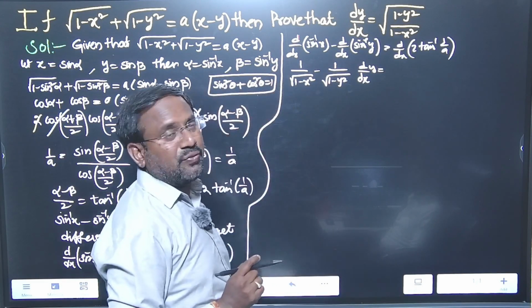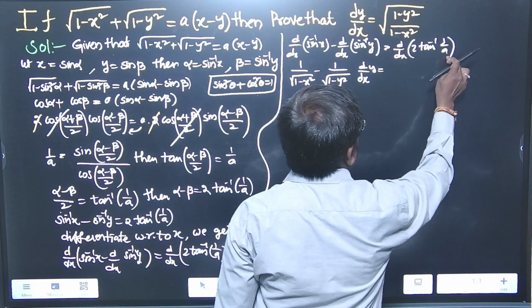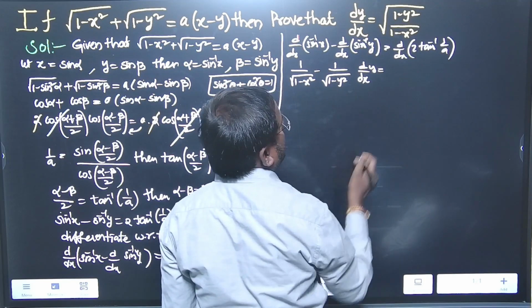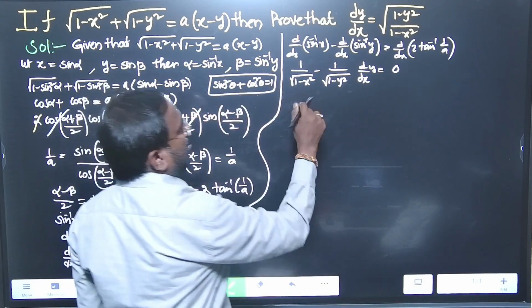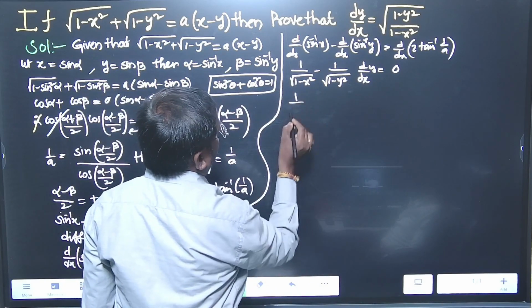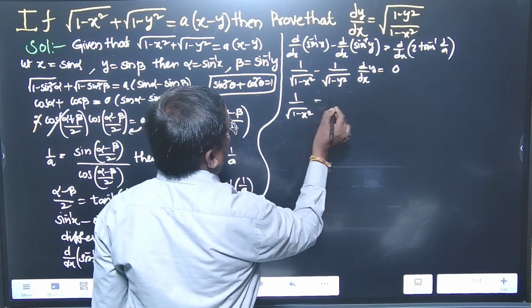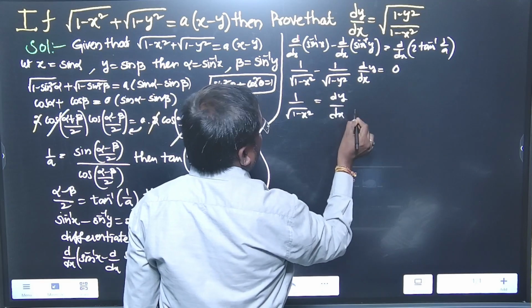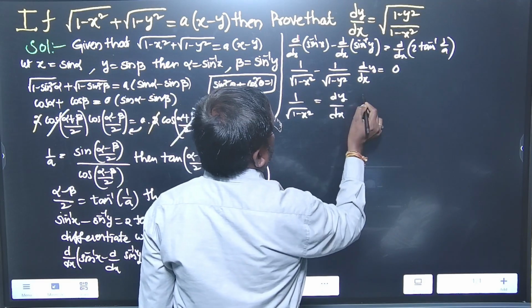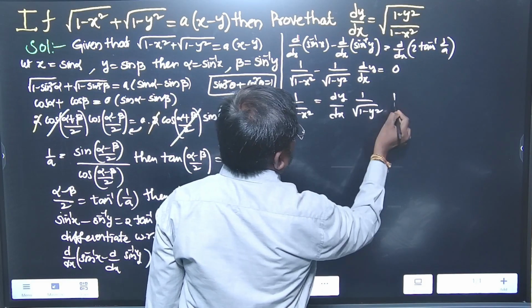For the second term, differentiation: it is completely constant, since it is without x, so the derivative of a constant is 0. Now the negative term takes to the right-hand side, students, and we get 1 by root over 1 minus x square is equal to dy by dx into 1 by root over 1 minus y square.